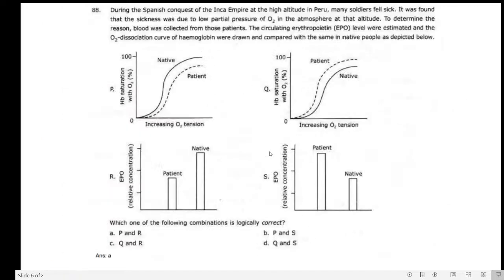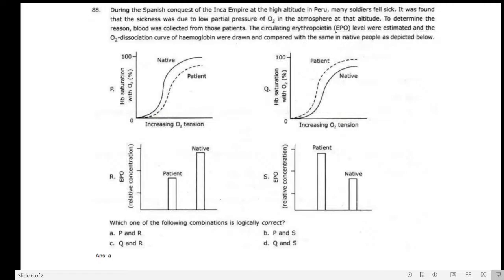Next is a very easy and logical question. During the Spanish conquest of the Inca empire at a high altitude in Peru, the soldiers fell sick. It was found that the sickness was due to low partial pressure of O2. The sickness is reported due to the low partial pressure in the atmosphere at that altitude.